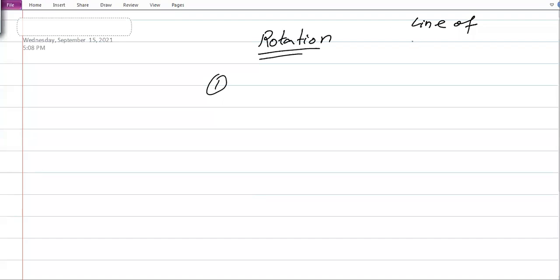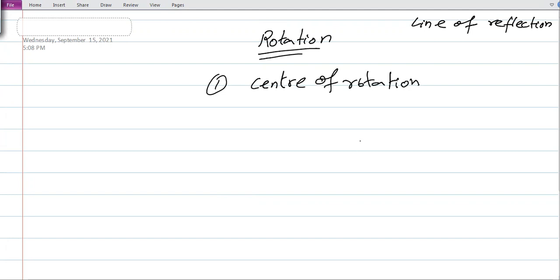Okay, in reflection, we need two things. Number one, line of reflection. And secondly, we need to do the actual reflection. But in rotation, what do we need? In rotation, we need a center of rotation. We must describe that when something rotates, it rotates about a center.